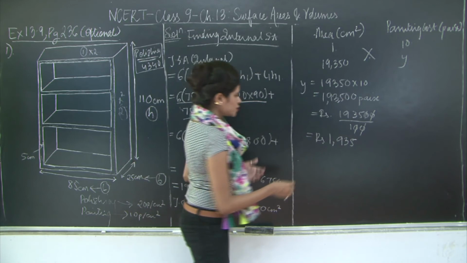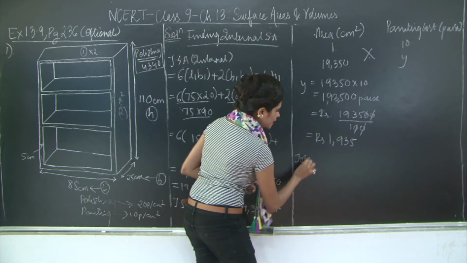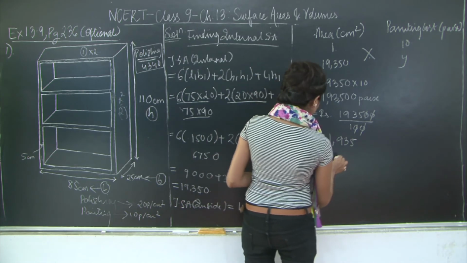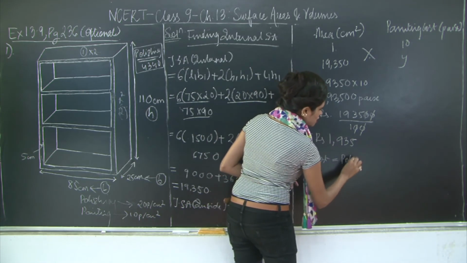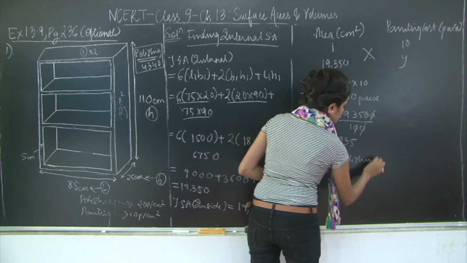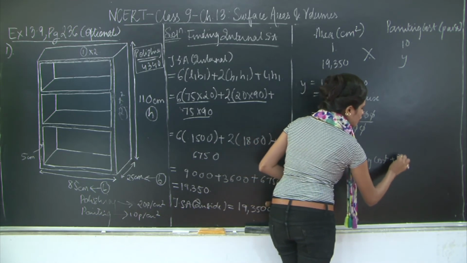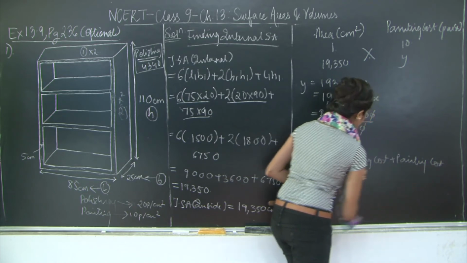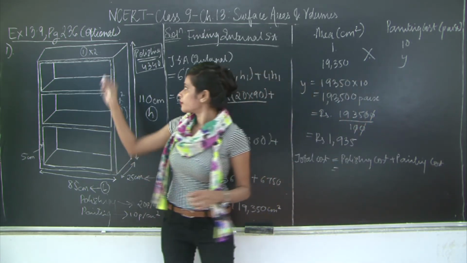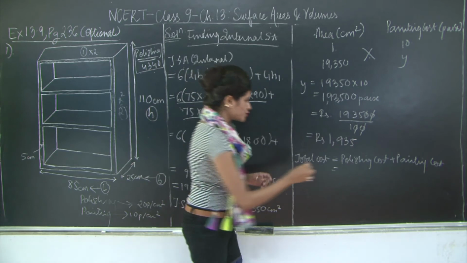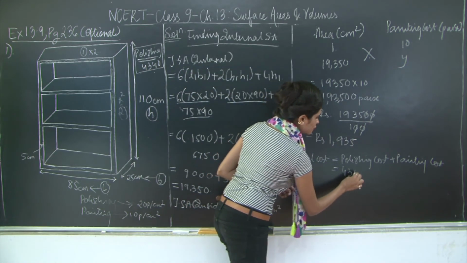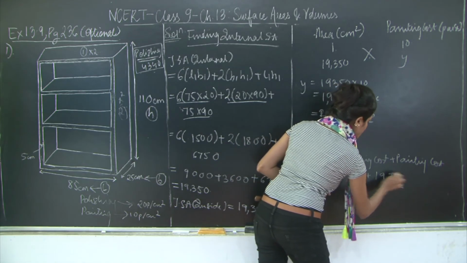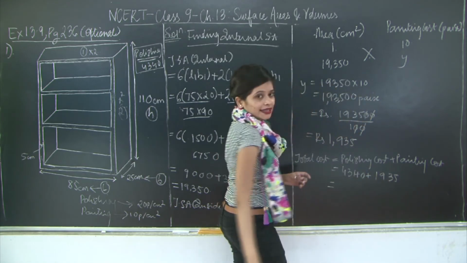Okay. So now total cost would be polishing cost plus painting cost. Let's take the polishing cost from here. We've written here it's 4340 plus 1,935, which is the painting cost. Let's add these terms.